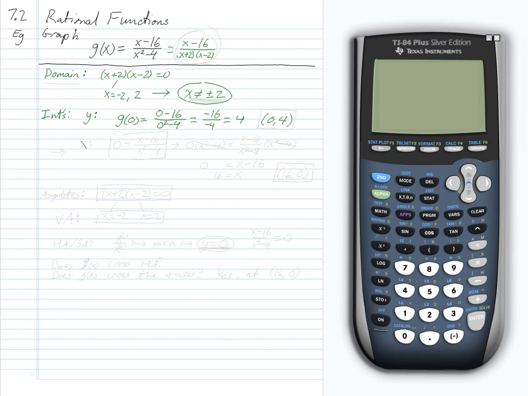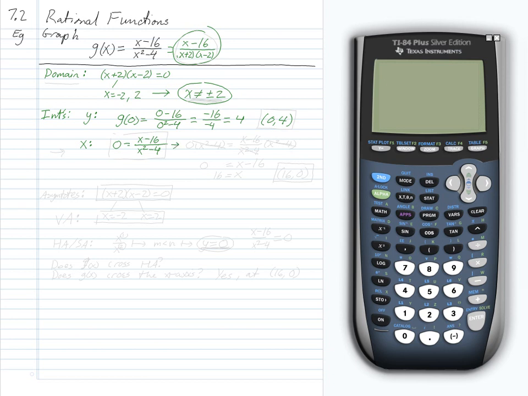And then we can find our x-intercepts by setting our function equal to 0. Now again, since my function did not reduce at all, I think I'll use the original version for this. There's no harm in using the factored form. I just happen to know this is going to take a little bit less time if I do it this way.